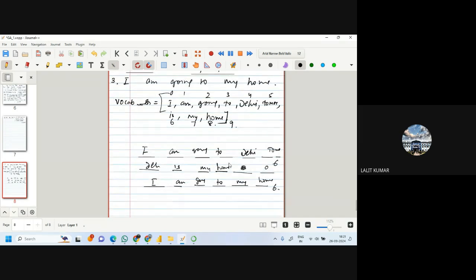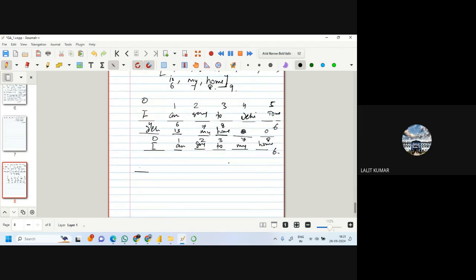Taking the first example: I is 0, am is 1, going is 2, to is 3, Delhi is 4, tomorrow is 5. In the second, Delhi is 4, is is 6, my is 7, home is 8, and then 0, 0. Then again here, 0, 1, 2, 3, my is 7 and home is 8. So these are my inputs.